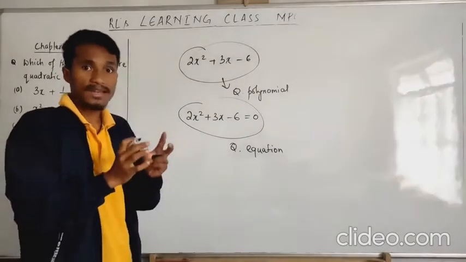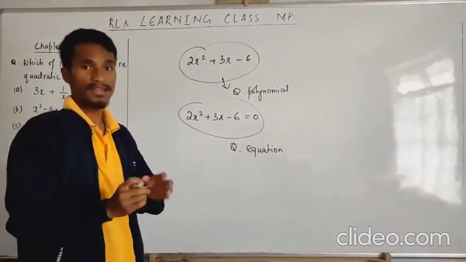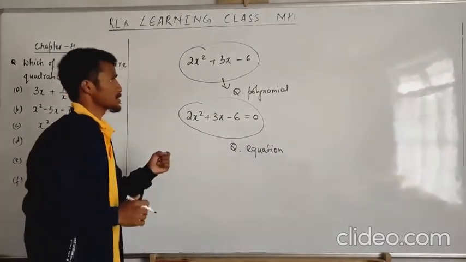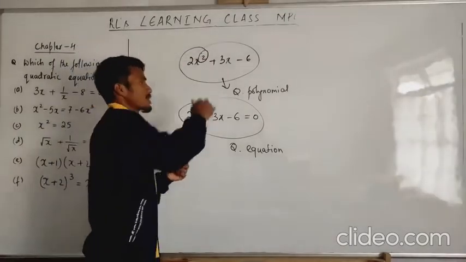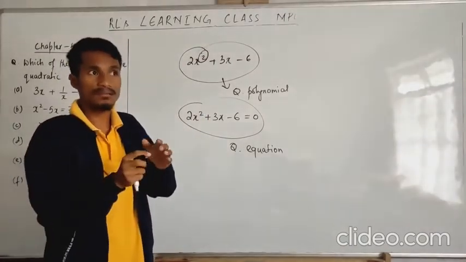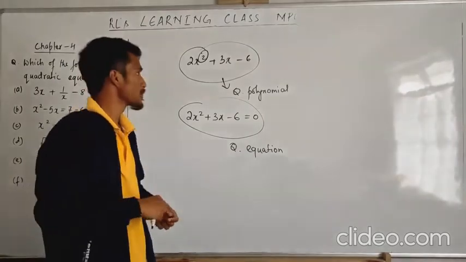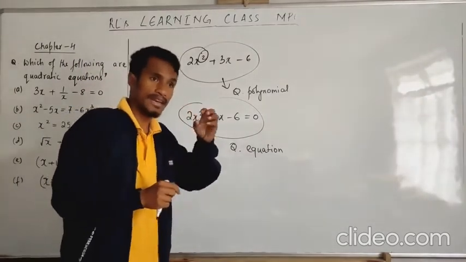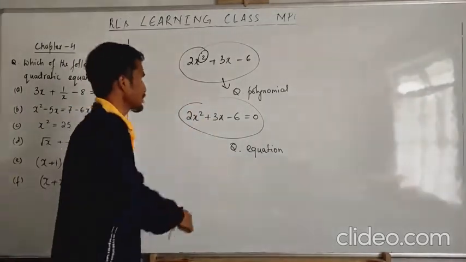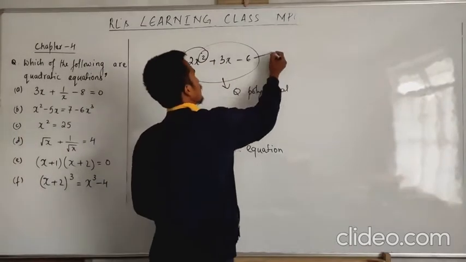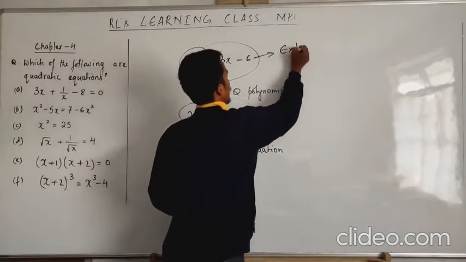A quadratic polynomial is just the expression of an equation which has degree 2. But once that expression is equal to 0, the earlier form we call an expression.